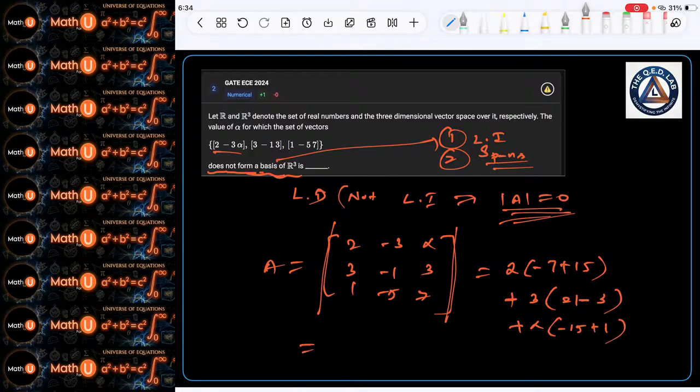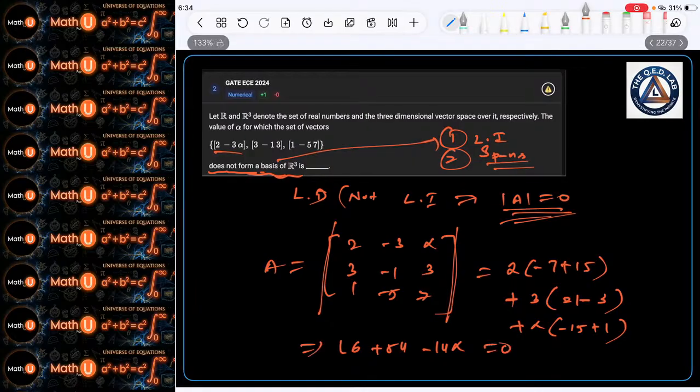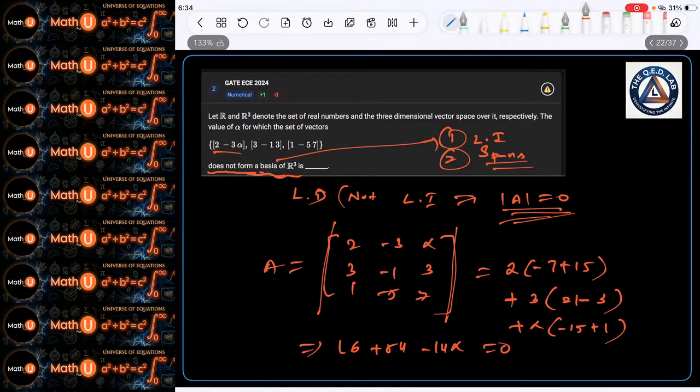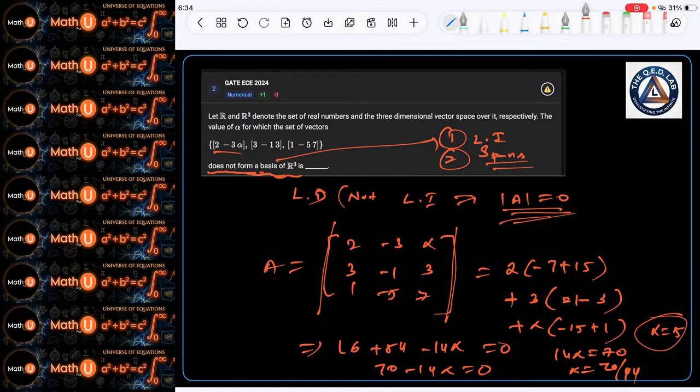Finally we get 16 plus 54 minus 14 alpha, that is equal to 0. If you simplify this, we get 70 minus 14 alpha equal to 0. 14 alpha is equal to 70. Alpha is equal to 70 by 14, then alpha is equal to 5.